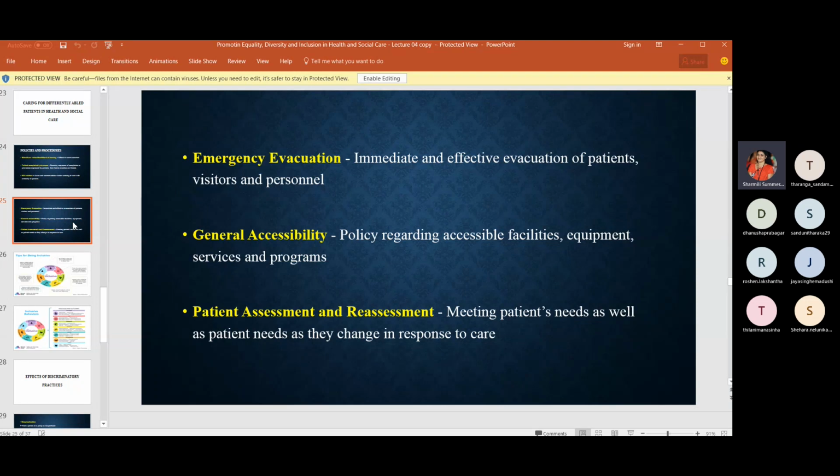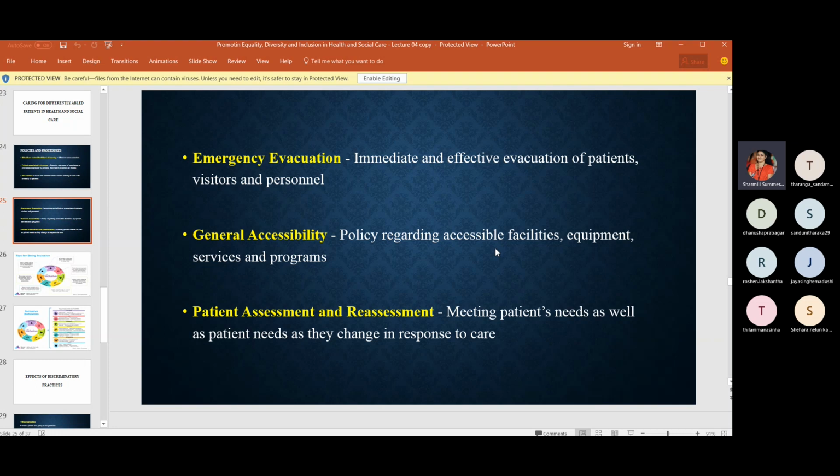You can instruct the patient that we have this equipment and they can afford it and access it. We also have different services and programs, and we need to instruct them, then only will these be accessible to them, like other patients as well.